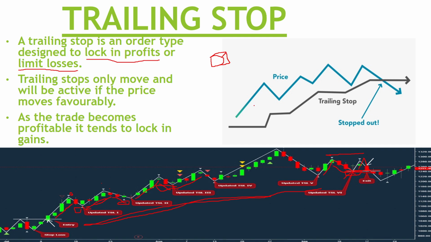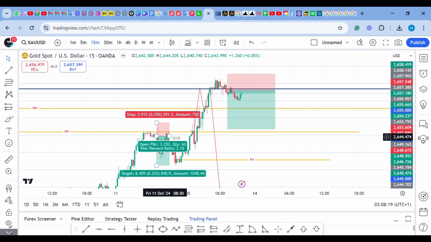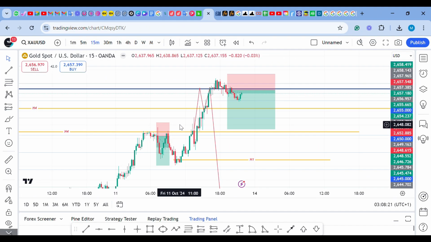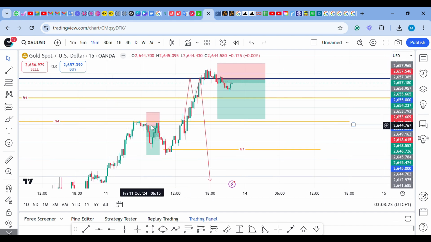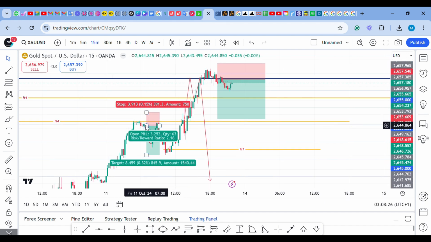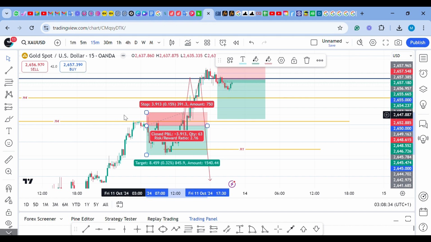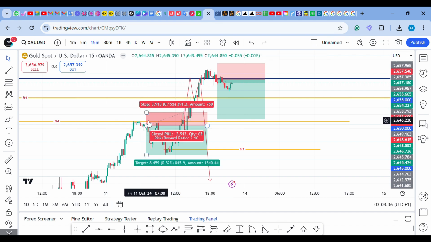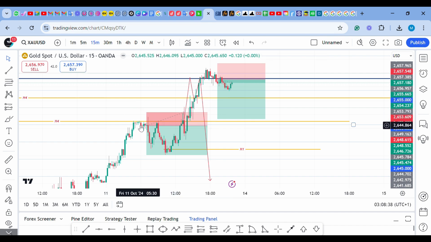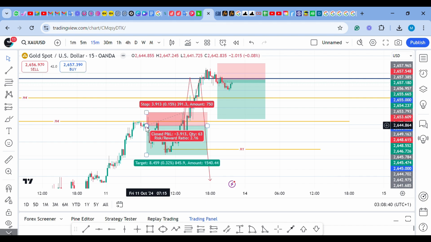Now let's go to the chart where I will show you some other things. This is the chart. This was the trade I took earlier today. This is when I entered the trade. If you ask me what I saw before I took this trade, my entry confluence was the zone, psychology level, and the fifth.